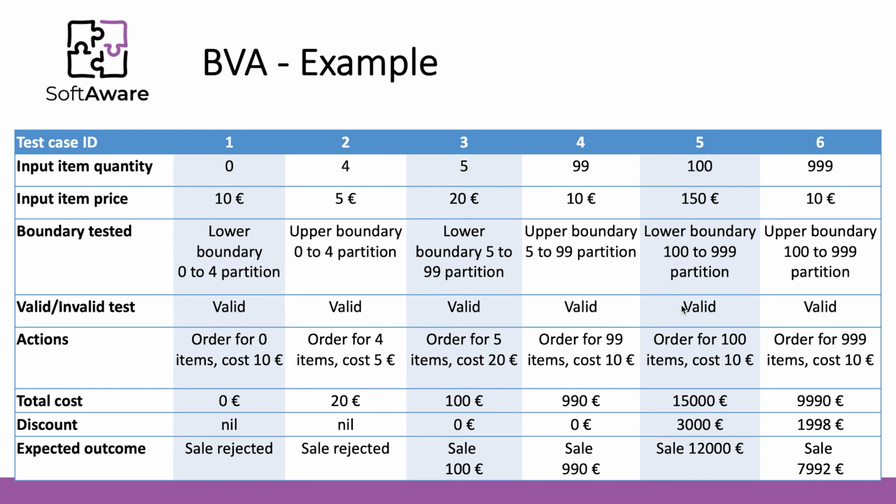And finally, we will have the discounts applied for the introduced order quantity, and the specific discount applied to the total amount being requested by the user. So we have 2 outcomes where you apply a discount and you have the sale with the corresponding total amount applied. And this wraps up the BVA and EP example joined together.